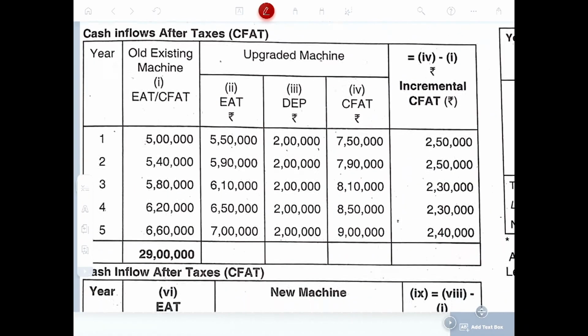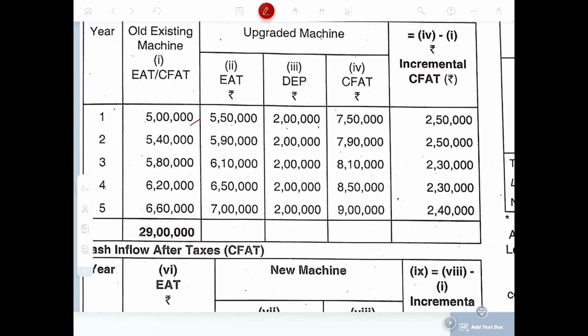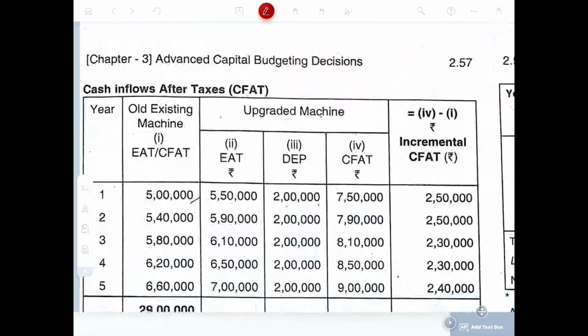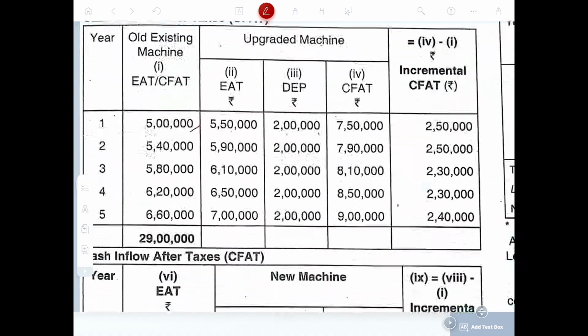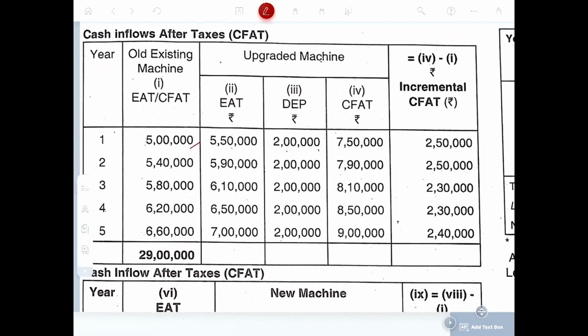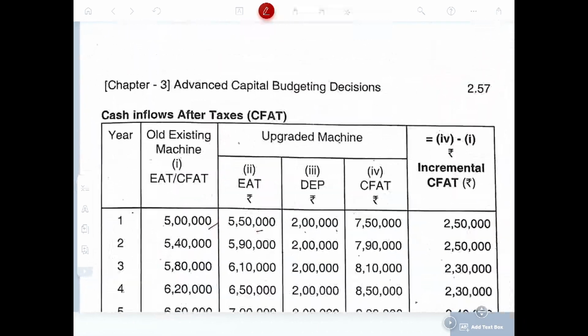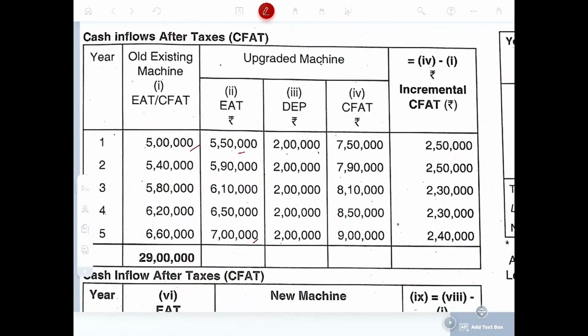Cash inflow after taxes. Old machine 5 lakhs. 5 lakh 40,000, 580, 620, 650. The earnings after tax on the 5 lakh. 5 lakh 50,000, 550, 90, 650. Depreciation and cash flow after tax.